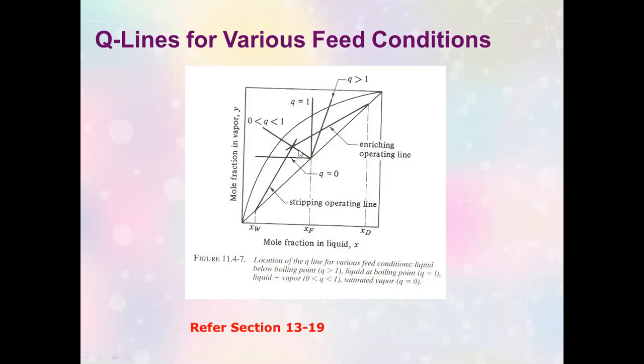Then the three operating lines are now correctly plotted on your XY diagram. It's very important that you place the Q line correctly, which, as I've said, is very dependent on the Q. Just like any information that is required in the problem concerning distillation, it is very dependent on the Q.